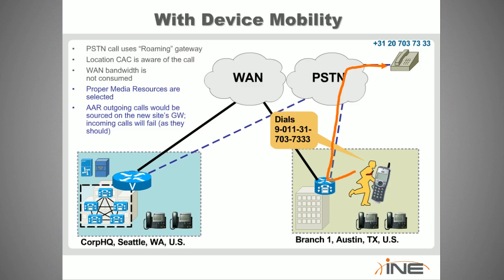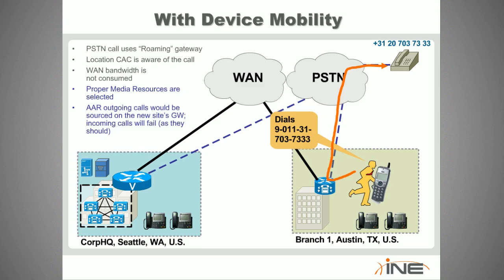Now, this is not necessarily saying that a regular inbound call to his direct inward dial number would fail, but just if an incoming call happened to be routed because of AAR, there wasn't enough bandwidth between the corporate headquarter TDM PSTN gateway, where the call's coming into his DID, and always will, because that's where the carrier will route it, and there's not enough bandwidth between that gateway and the remote site that he's visiting.